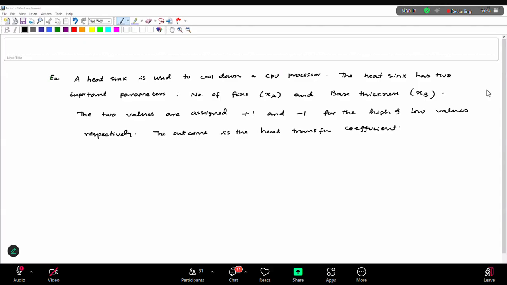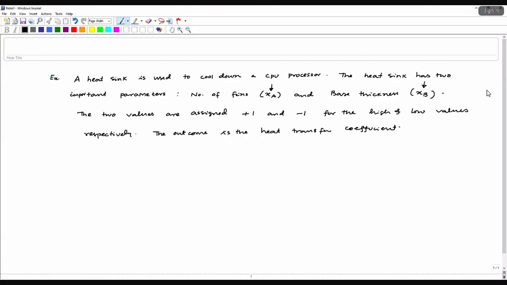So the question is, you are talking about the heat sink, which is used to cool down a CPU processor. The heat sink has 2 important parameters: the number of fins, that is designated by X subscript A, and the second parameter is base thickness, which is designated as X subscript B. These 2 parameters are assigned values +1 and -1 depending on the high or low values respectively.